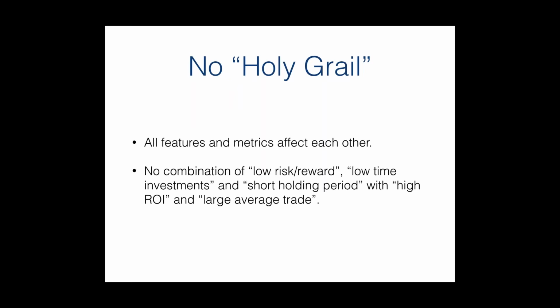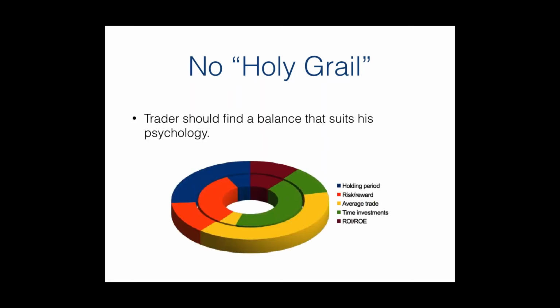And there is no combination of low risk reward, low time investments, and short holding period with high return on investment and large average trade. So a trader should find a balance that suits his psychology.